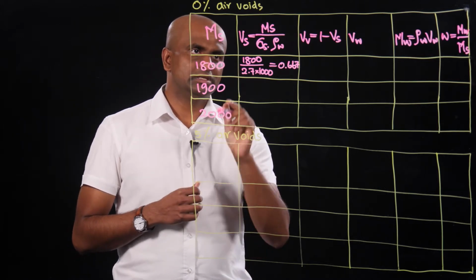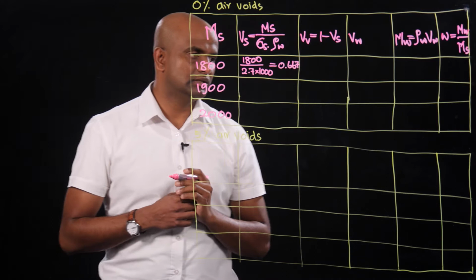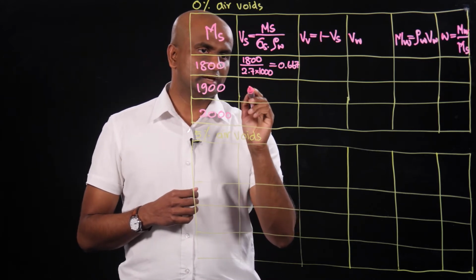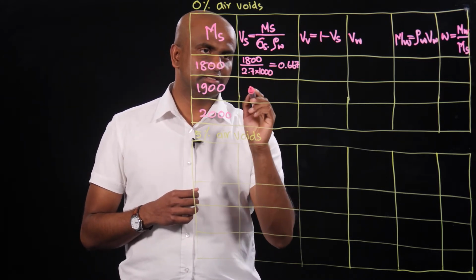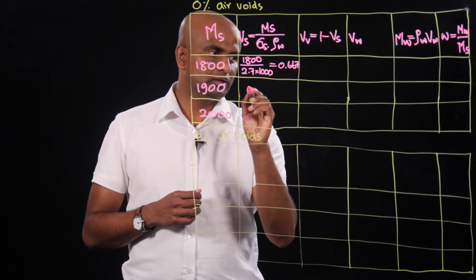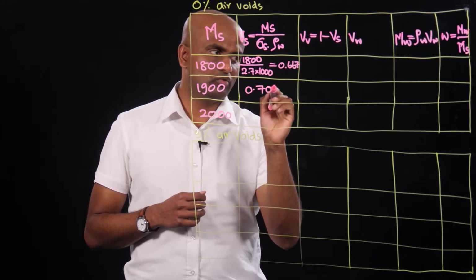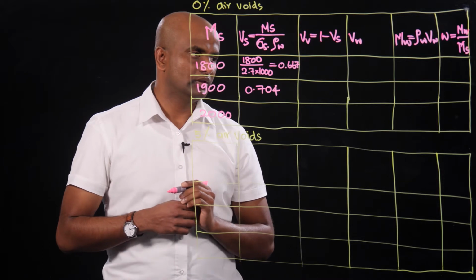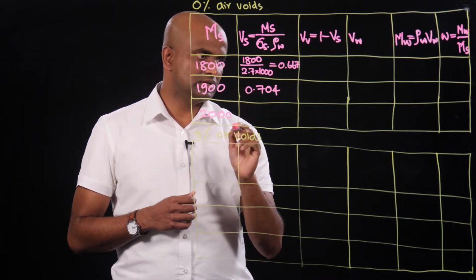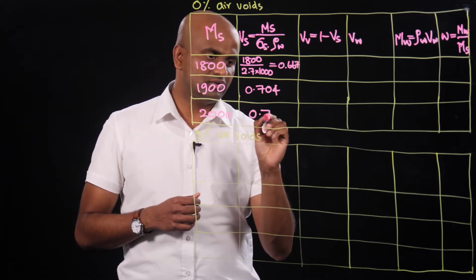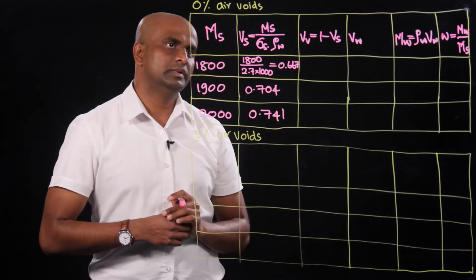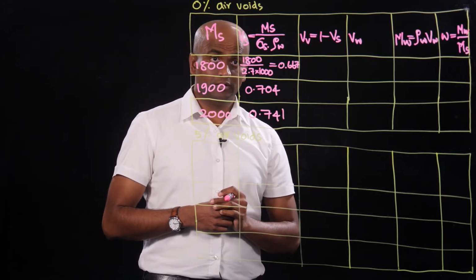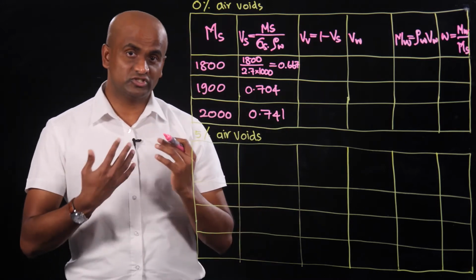When it is 1900, if you do the same calculation with 1900 as the Ms, that will be 0.704. And similarly, when it is 2000, it will be 0.741. Those will be the Vs values, the volume of solids.